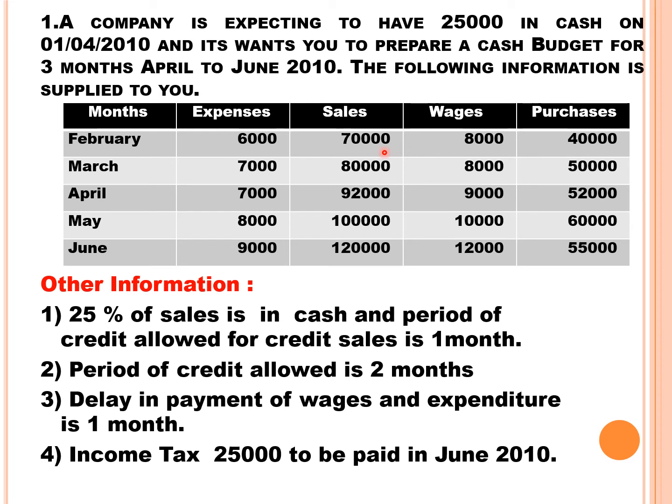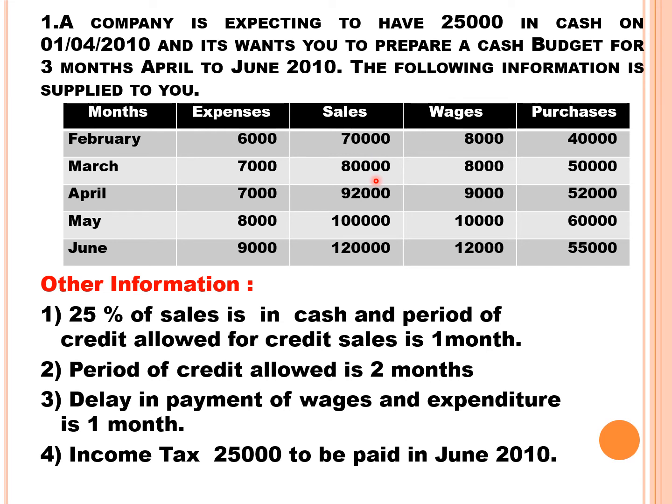So conclusion, students, February sales is 70,000. The 70,000 sales is divided into 2 parts, 25% and 75%. 25% will be received in February. 75% will be received in March.